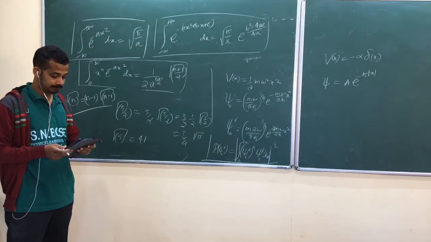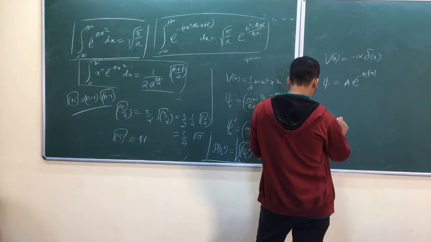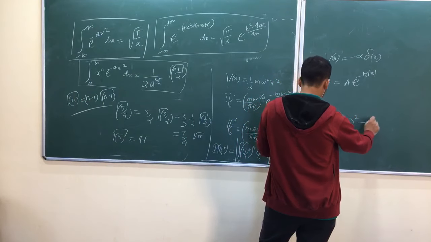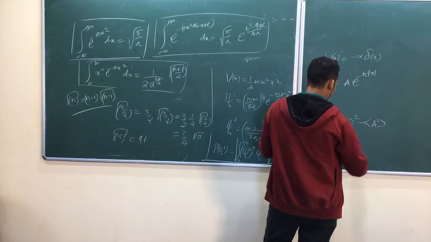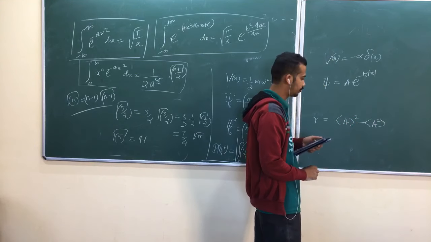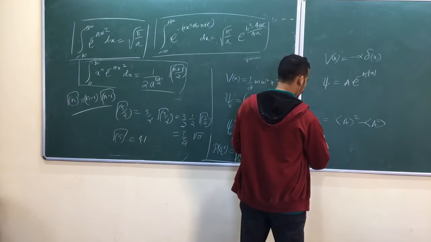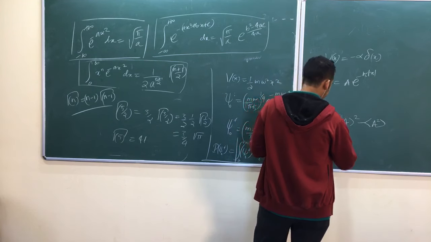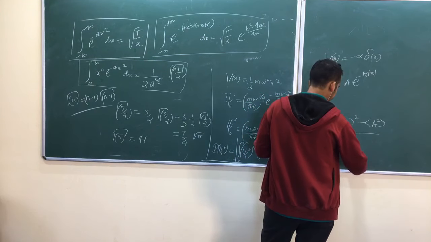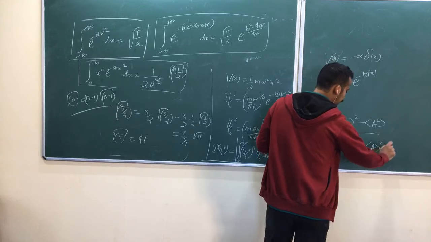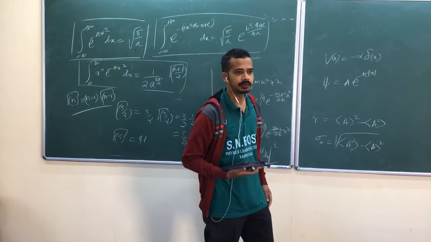Fourth one, quickly. It is R is equal to expectation A square minus expectation A the whole square. Sorry, expectation A the whole square, expectation A square. Do you remember what is our sigma A? This was standard deviation.